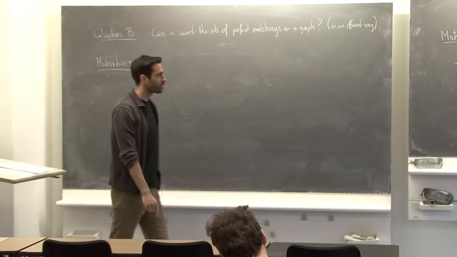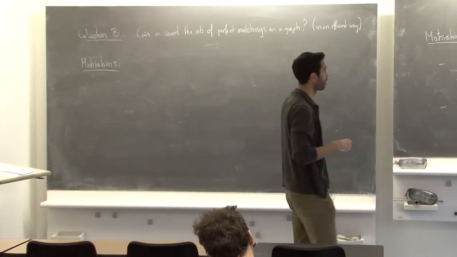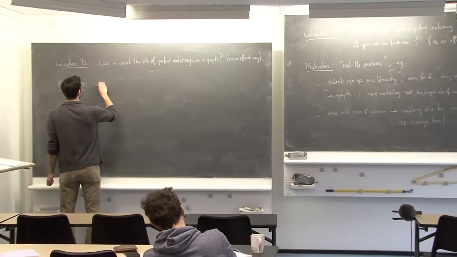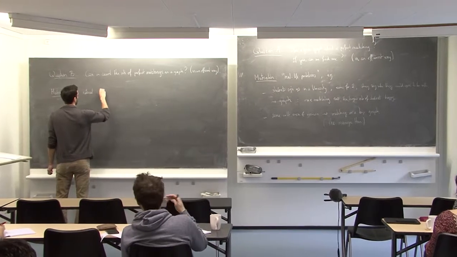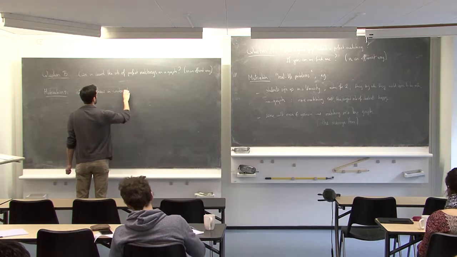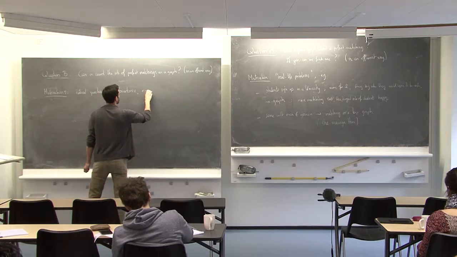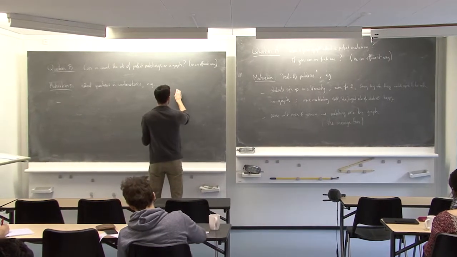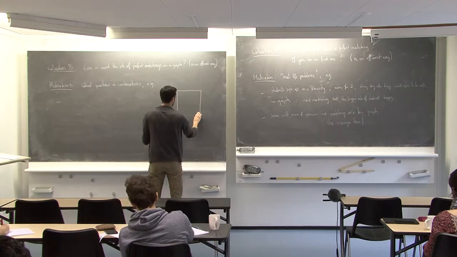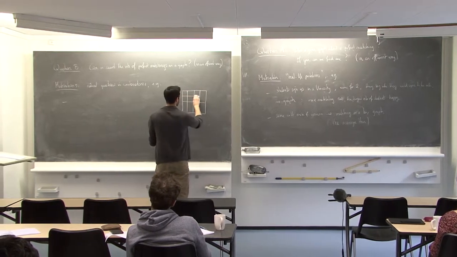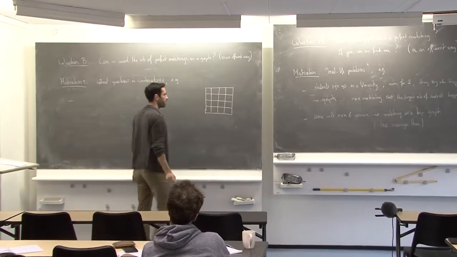Here the motivations are not so much a real-life problem, but more natural questions in combinatorics. For example, here is one question. Let's say that you have a board, in my case a 4x4 board, but in general an m times n board.